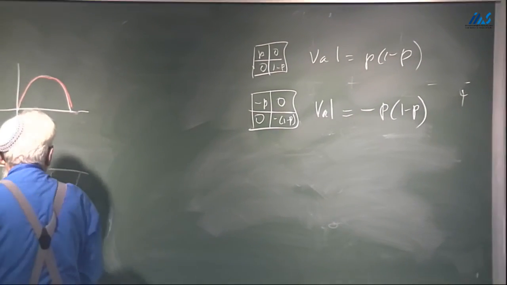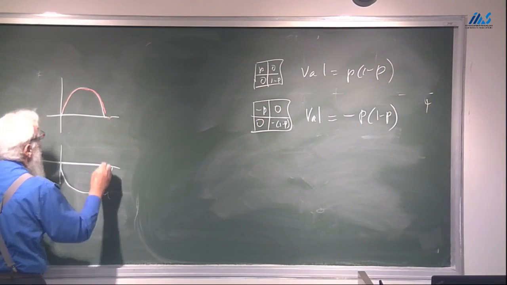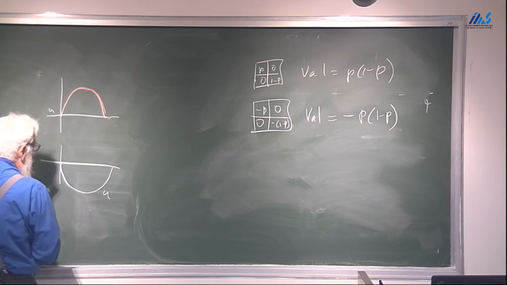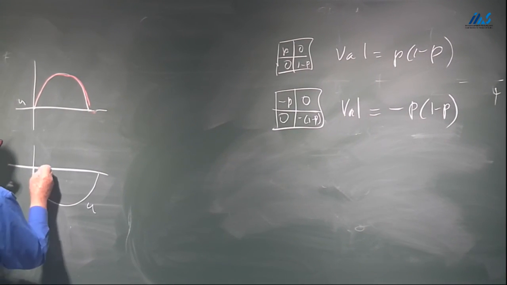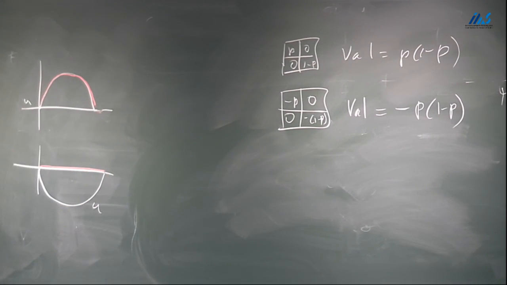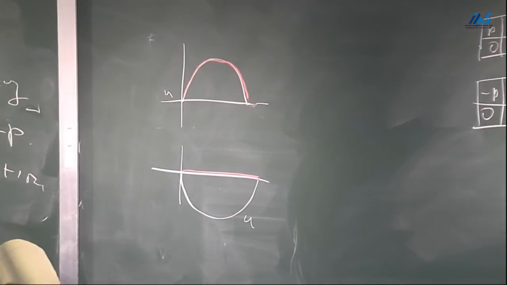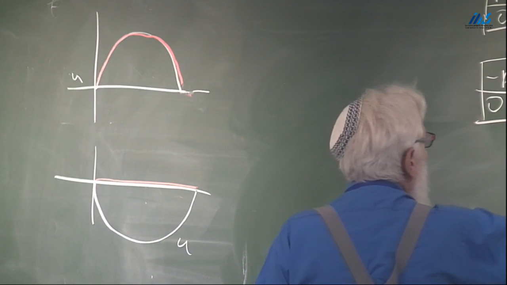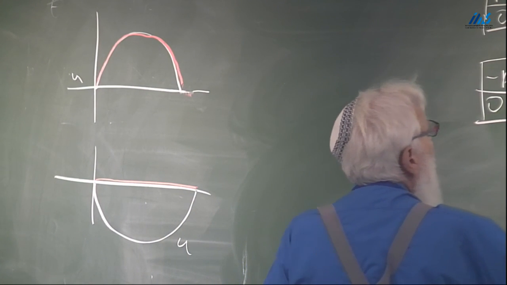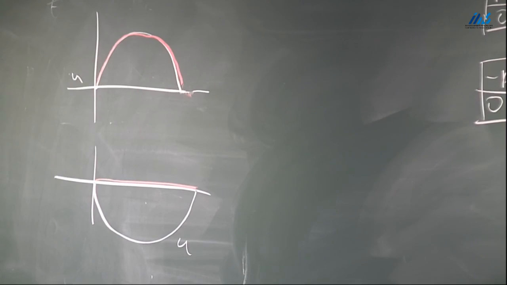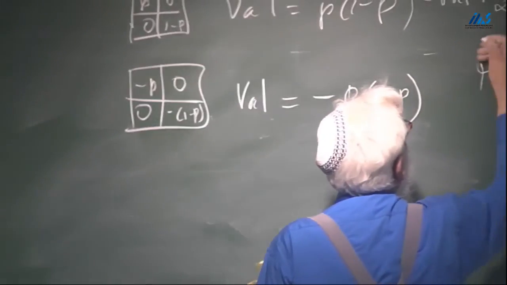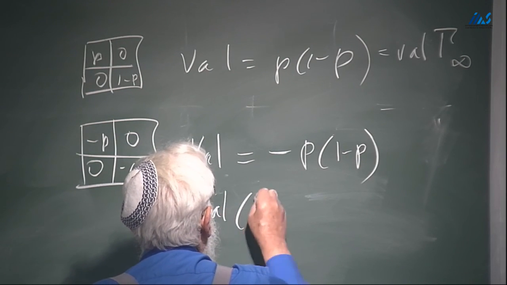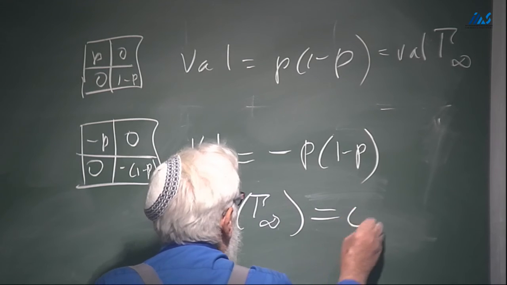So this is the function u, and what is the concavification? It's this, right? So the value is 0. That's the value of this game. Val of gamma infinity is 0.